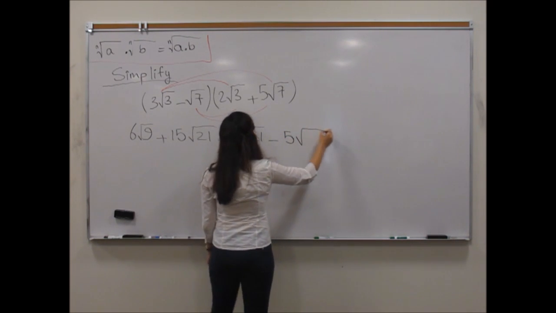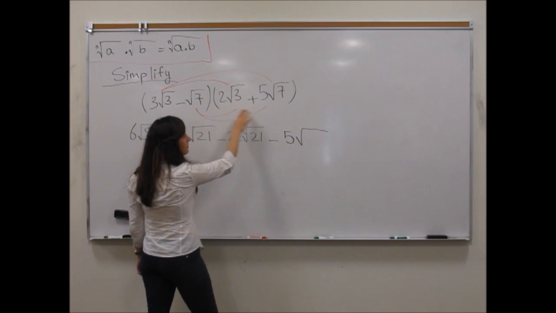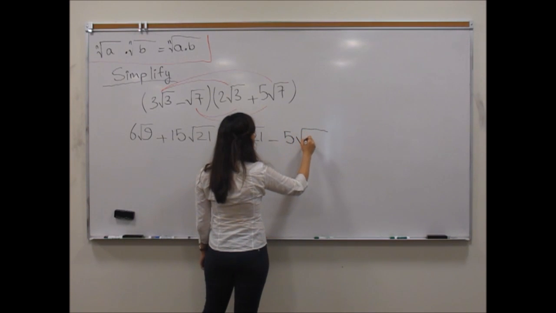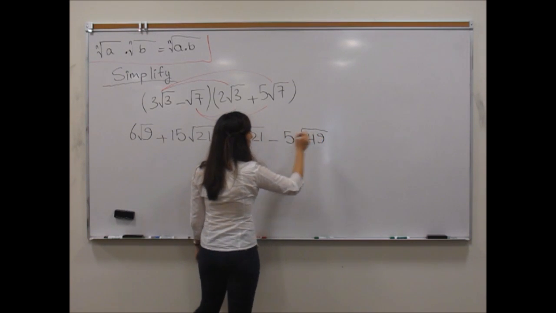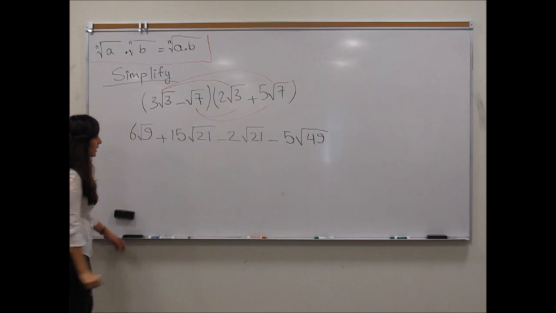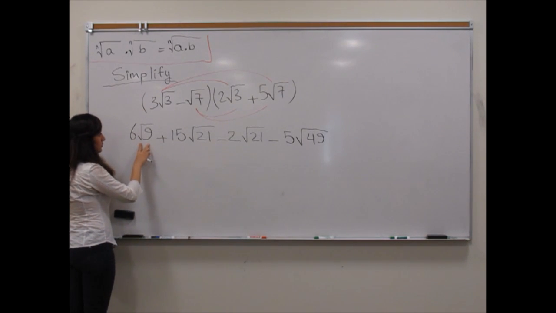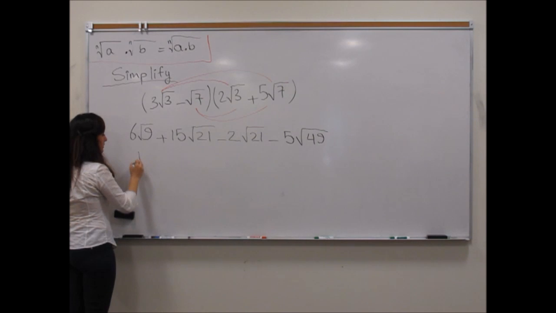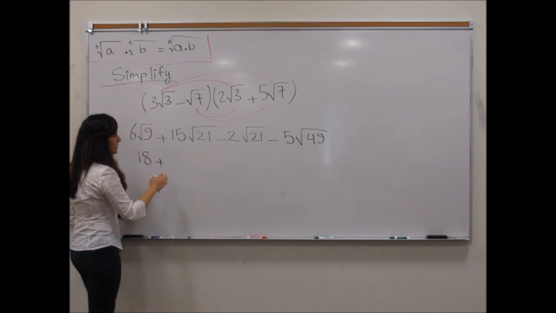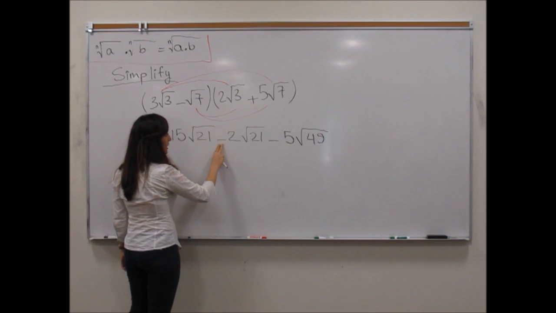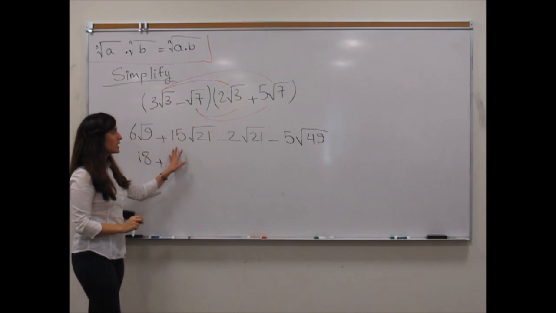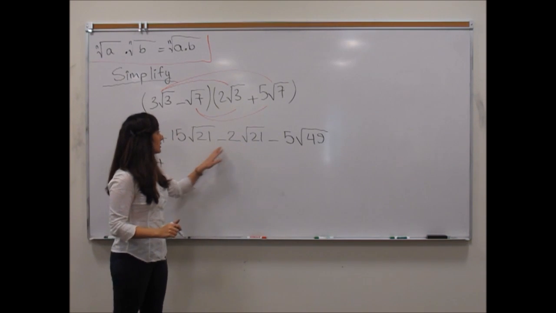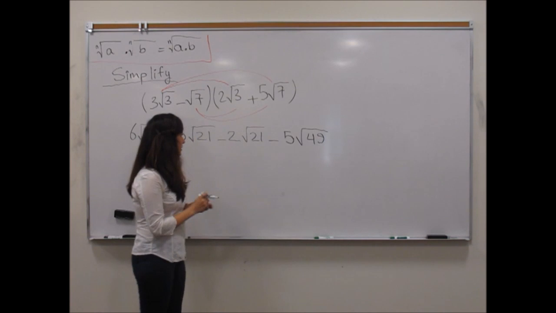And times rad7 times rad7, rad49. And we can simplify this one. Rad9 is a perfect square, and it's 3, and 3 leaves the radical. 3 times 6 gives me 18, plus 15 rad21 minus 2 rad21. These two are the like terms, so I have to combine them.